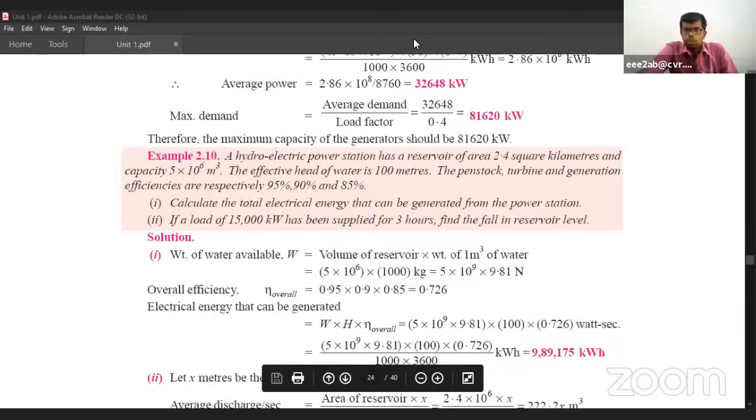So now I am going to show something on the structure of power system, because still you are in some confusion.